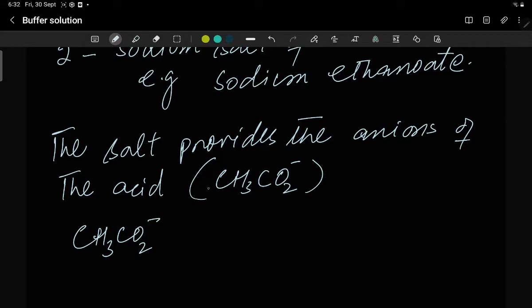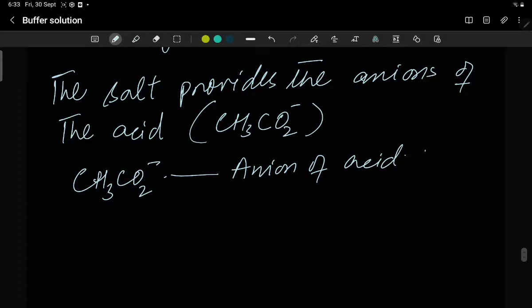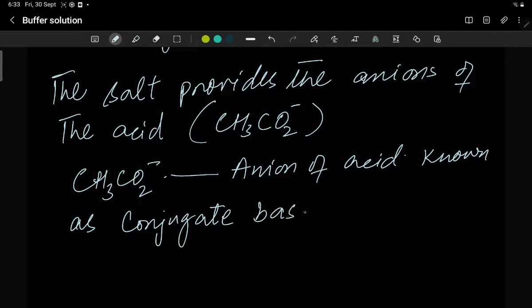CH3CO2 negative is the anion of acid known as conjugate base of the acid.